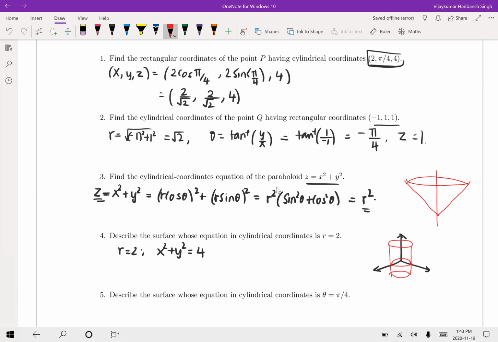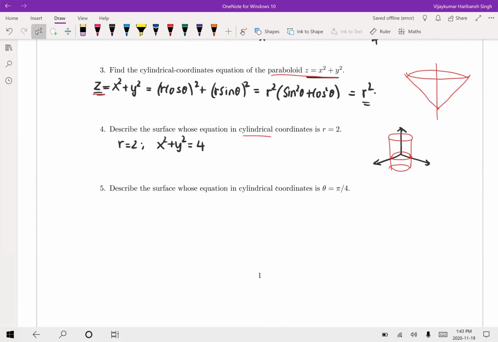So objects like paraboloids have nice expressions in terms of cylindrical coordinates. Objects like x squared plus y squared equals 4, cylinders themselves, also have nice expressions, hence the name cylindrical coordinates, of course. Now, what surface does theta equals pi by 4 describe?